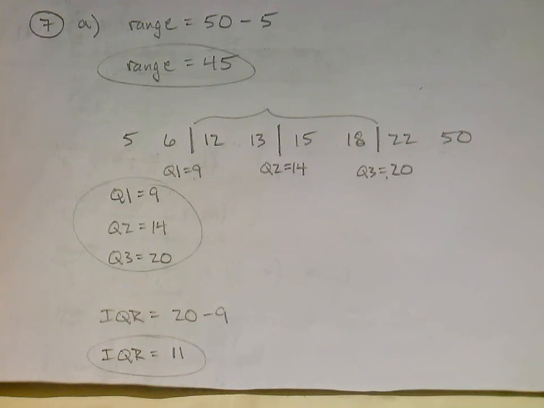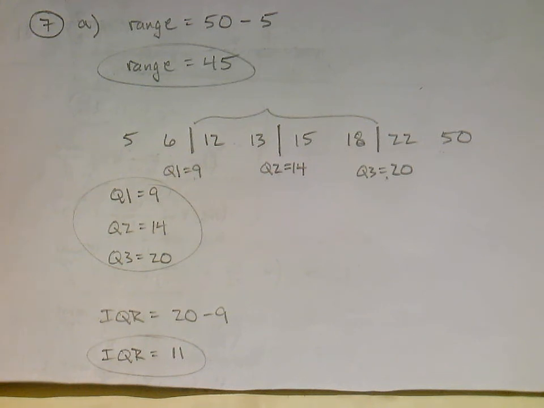So 20 minus 9 equals 11. And that's it. Now, what is that IQR really doing for us? As it said back in the definition, this is the range of the middle 50% of the ordered data. So if you know the range and you know the IQR, you really have a good idea of the spread of the data, right?